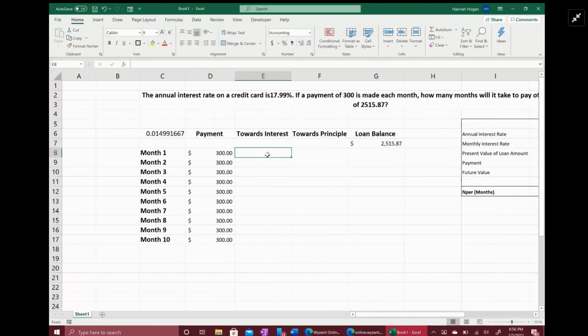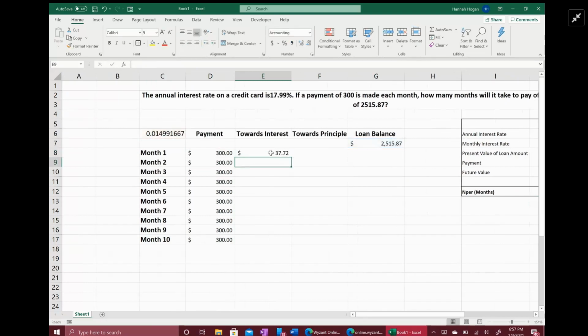The amount you're going to pay in interest for the first month is just the loan balance times the interest rate. What we want to do here is lock in this cell, because that way we can drag down the formula and it will keep referencing this rate. It won't move down, and that's what we want.